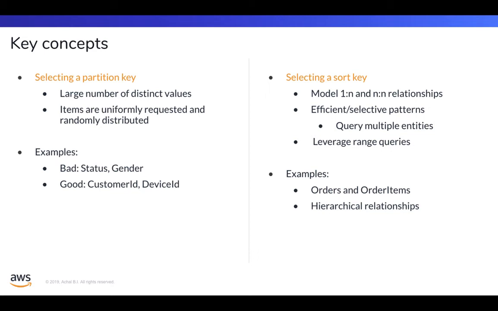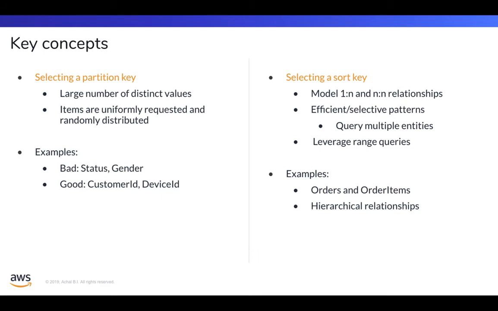So, the key examples: a good example of a partition key and bad examples of a partition key. Let's see that. If you are using status as a partition key, that's a bad example, because status can be a finite set and the values are not always unique, and any data that goes in would be overwritten.